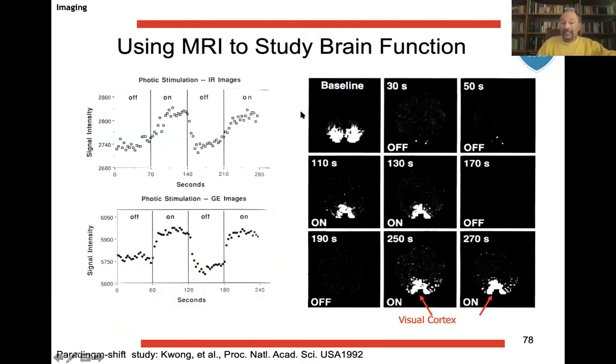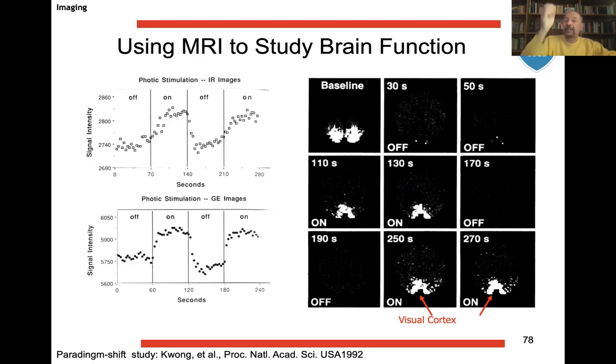And so this way, you can use MRI to study brain function. This is one of the first papers, the paradigm shift study, published in PNAS, the Proceedings of the National Academy of Sciences, in 1992.